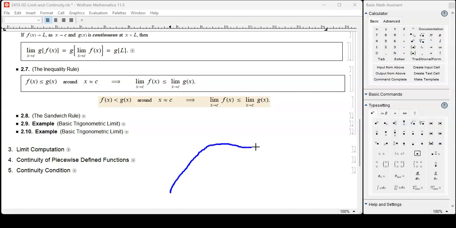So we have a graph of f, and then we have a graph of g. Okay, all right. And then let's consider a limit, either from the right or from the left.